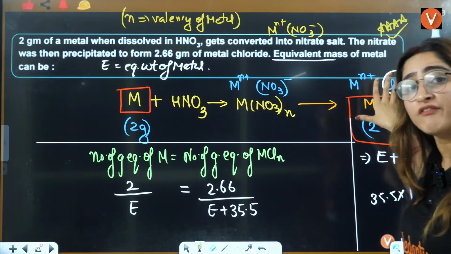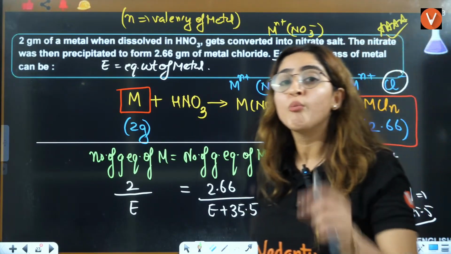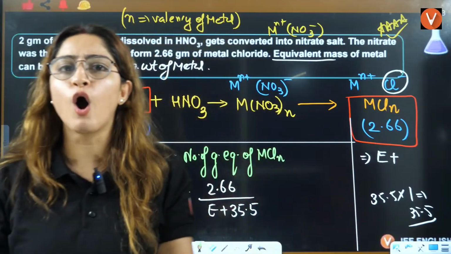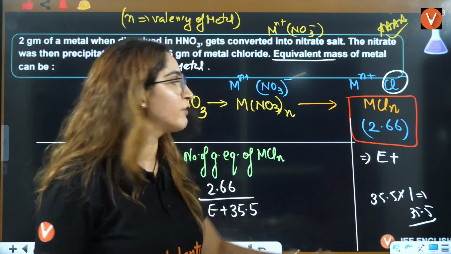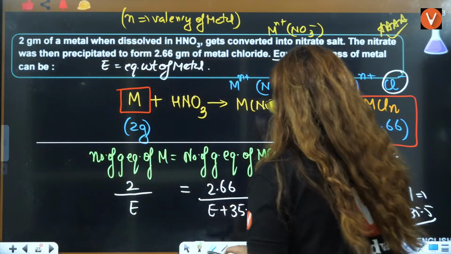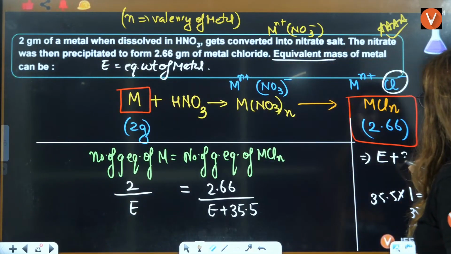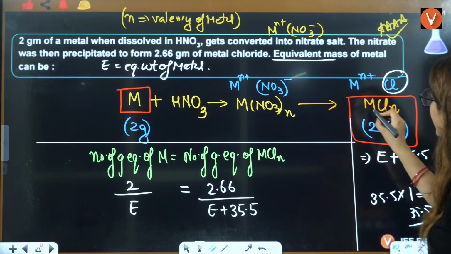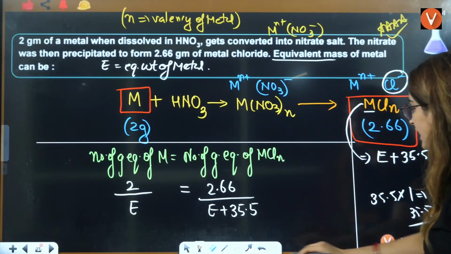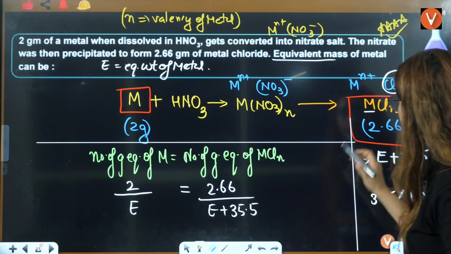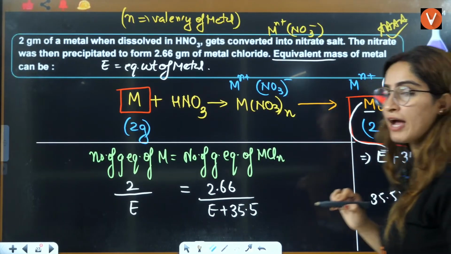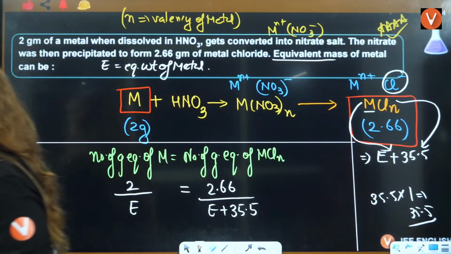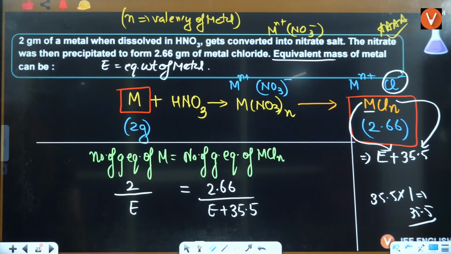That's why the n factor for chlorine is 1. Molecular weight for chlorine is, we all know, 35.5. So equivalent weight of chlorine will be 35.5. So you will put it here, that is E plus 35.5. E is the equivalent weight of this metal, and 35.5 is the equivalent weight of chlorine here.